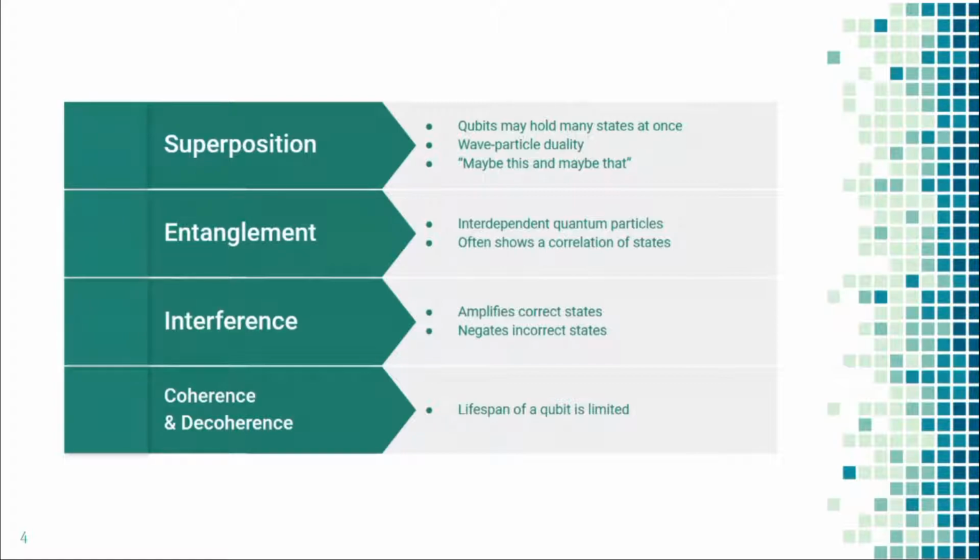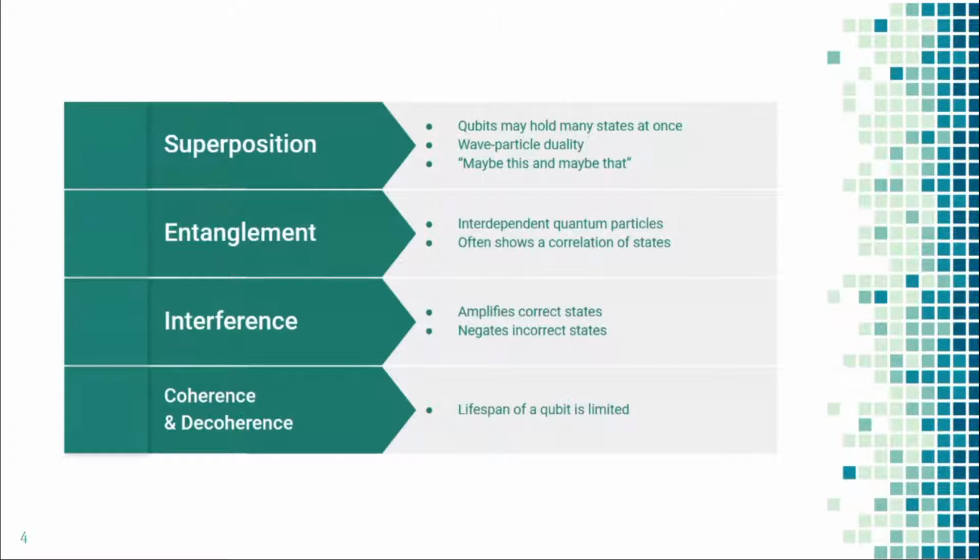Two smaller or maybe slightly less significant properties of quantum mechanics are interference as well as coherence and decoherence. So interference can be used to control quantum states.